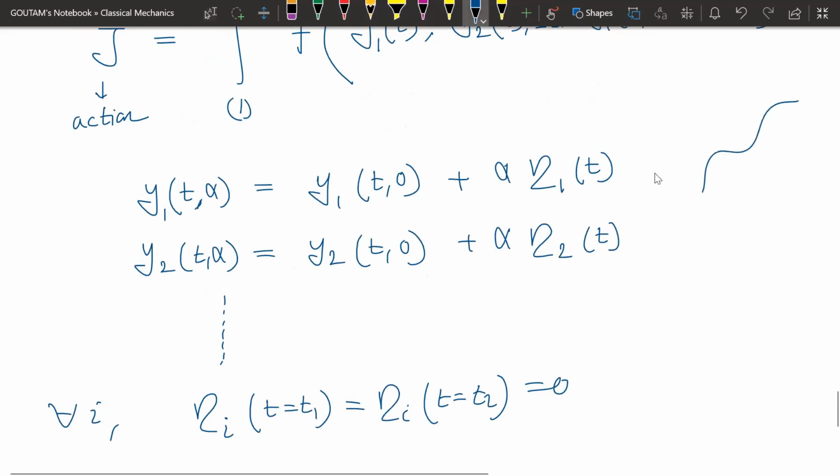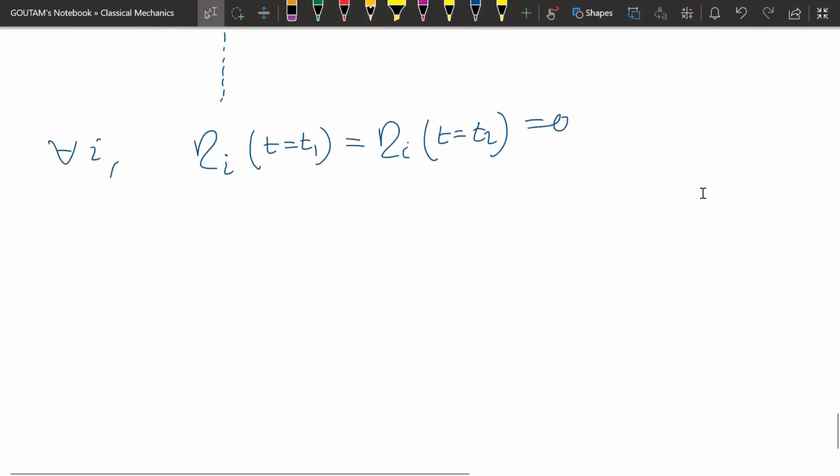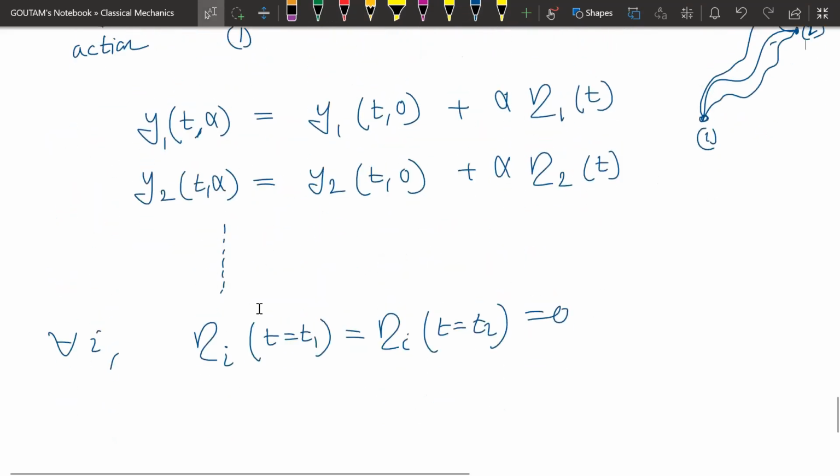Whether you take this path, or some other path, or another path, at point 1 at time t1 and at time t2, all the values will be the same. The destination and the starting point are the same. So this will be the condition on the etas.